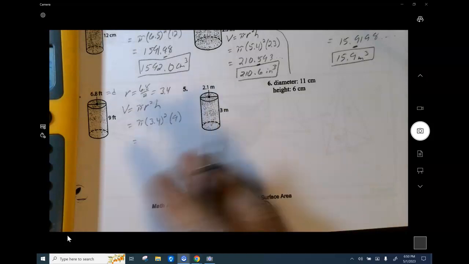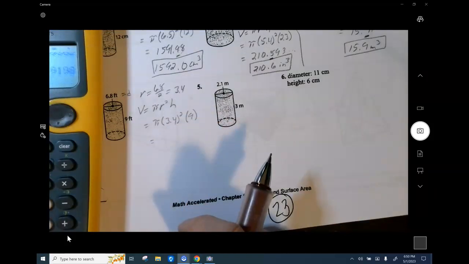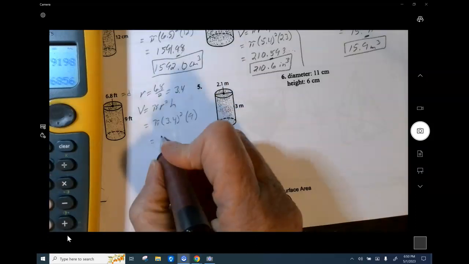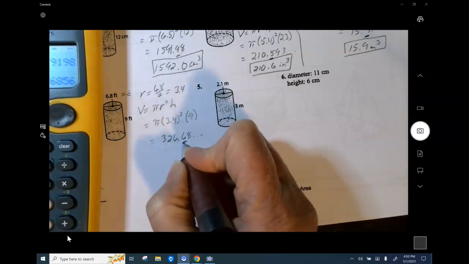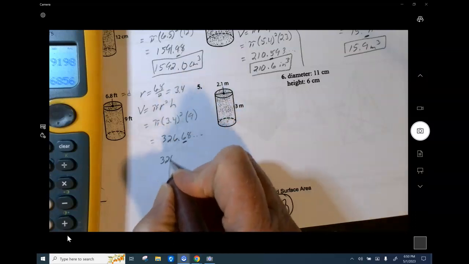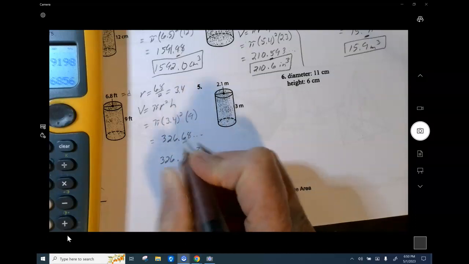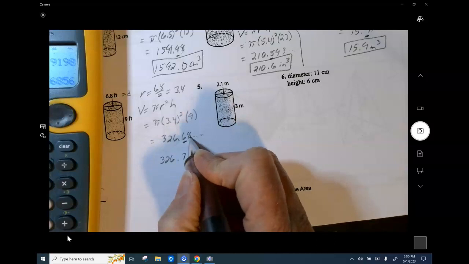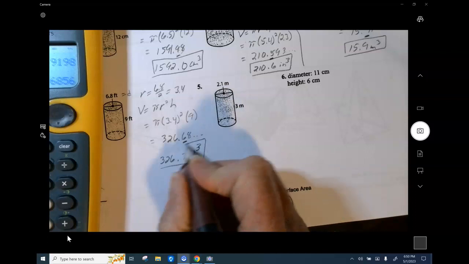Calculator. 326.68 blah blah blah, because we're rounding to the nearest tenth. So we give it a shove, because 8 is bigger than 5. Feet cubed. Don't let me put that squared on there.